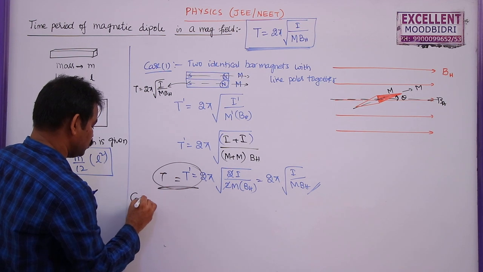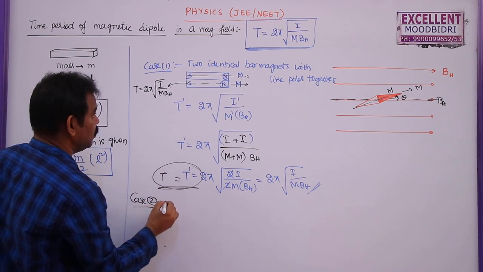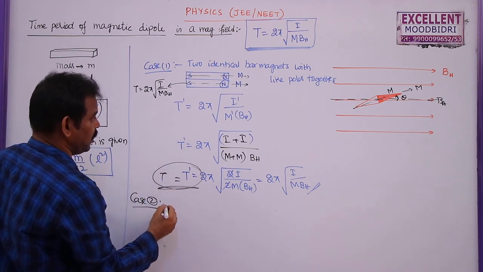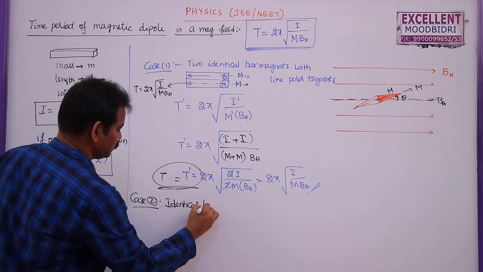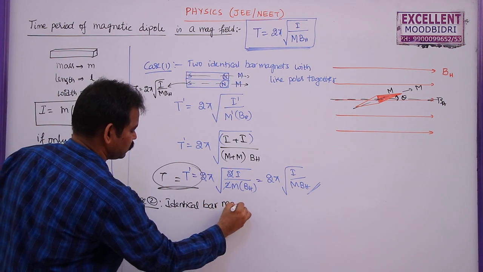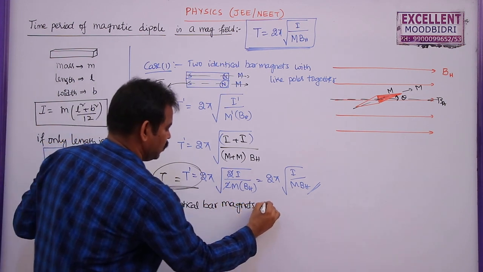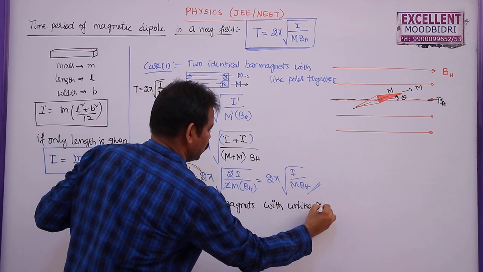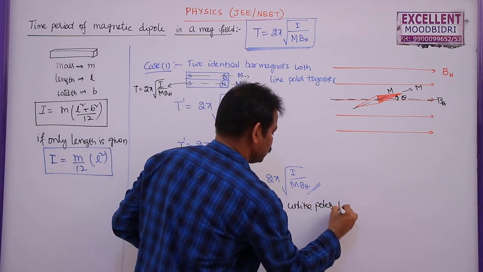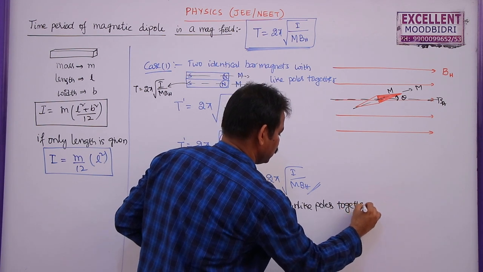Now case 2, identical bar magnets with unlike poles together.